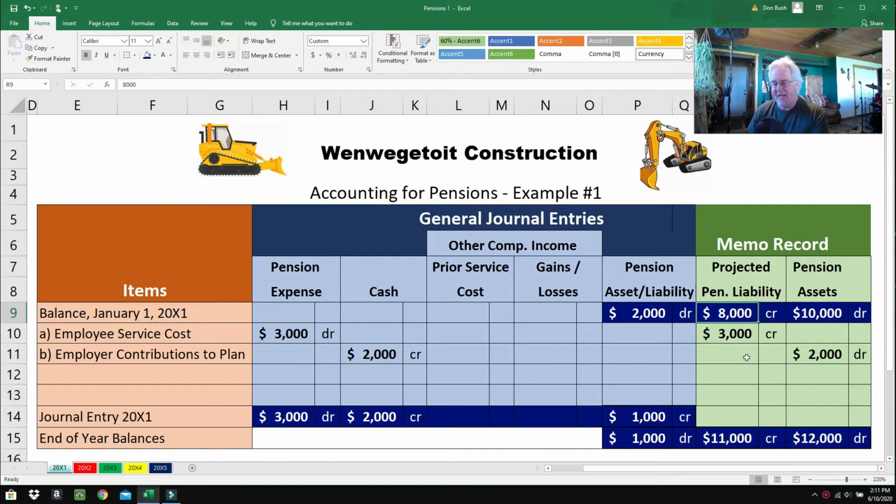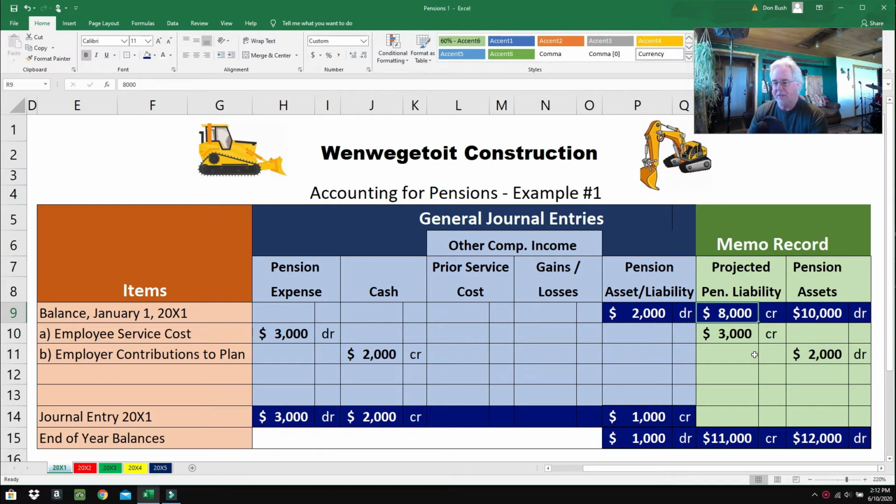And right next door, we've got projected pension liability. Now, folks, it's got that word projected there on purpose, and projected means projected out into the future. However, whenever we have numbers and money projected out into the future, we always find the present value. So this $8,000 represents the present value of the projected pension liability.